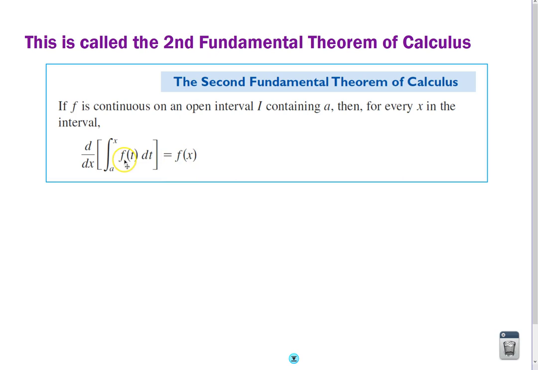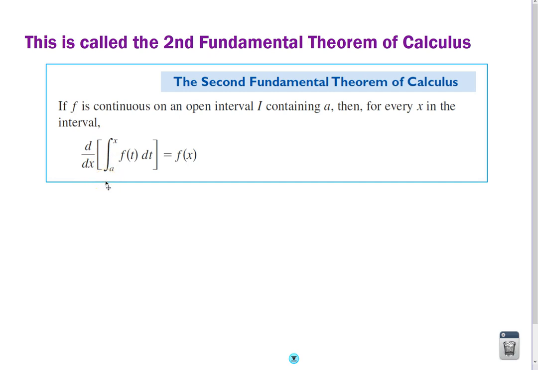You're plugging the upper bound into the function, and you're just left with f of x. Because remember, we're thinking of area as a function itself, so we can take the derivative of that. Well, the derivative of that is, boom, just f of x. These two things cancel each other out, that is the goal here.